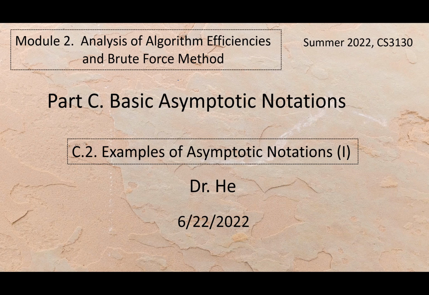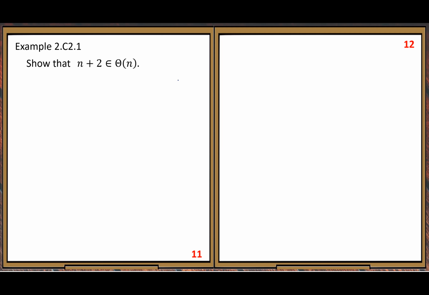Our first example, very simple. Show that n plus 2 belongs to big theta of n. So simple. How do you show it? If you go back to the 2 different ways we use to describe big theta notation, one is the limit way, another is the inequality way.